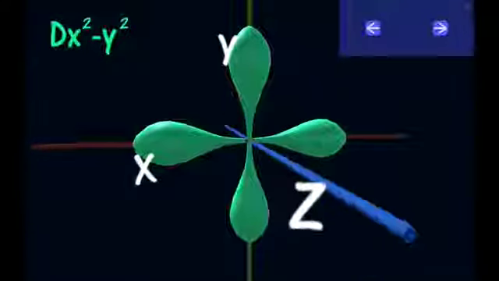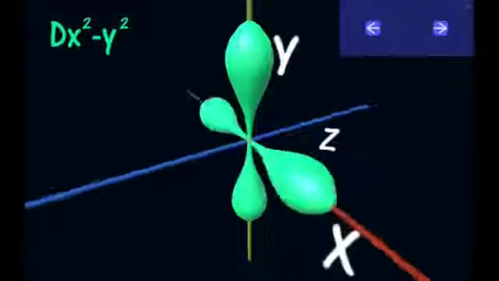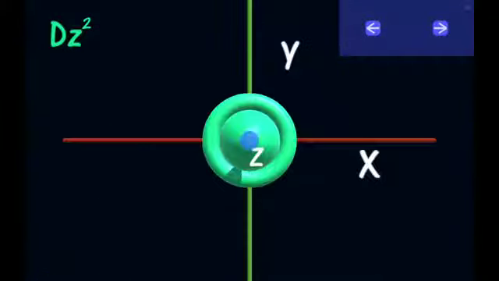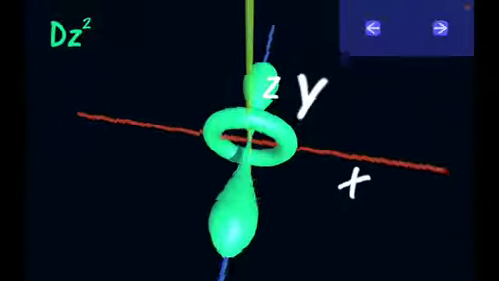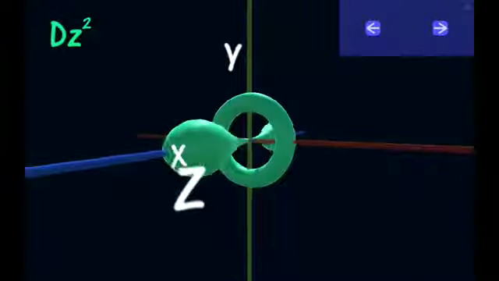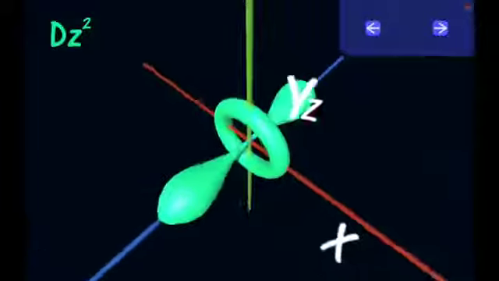The green colored rod is the y-axis and the red colored rod is the x-axis. Now we have dz square. This has a very beautiful shape. There is a dumbbell shape along the z-axis, and a spherical kind of shape along the x and y-axis. So this is the 3D diagram.